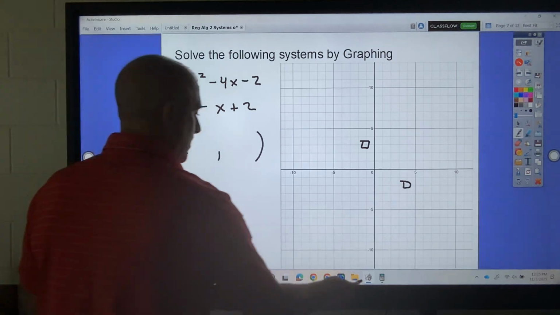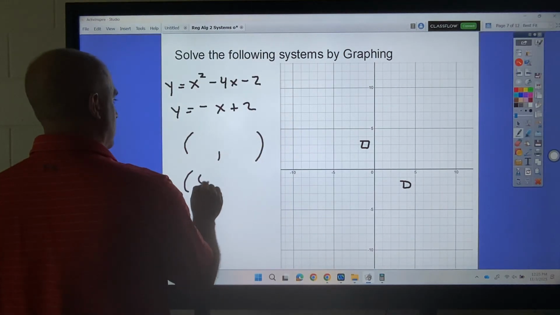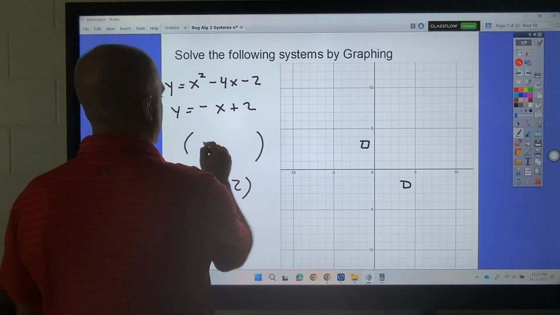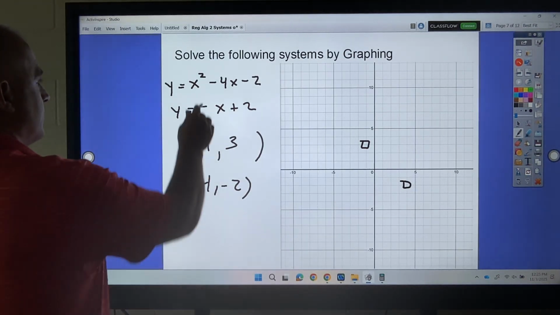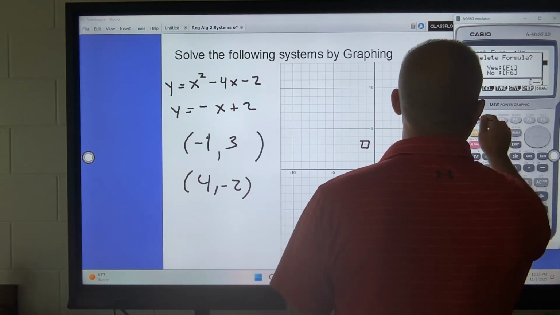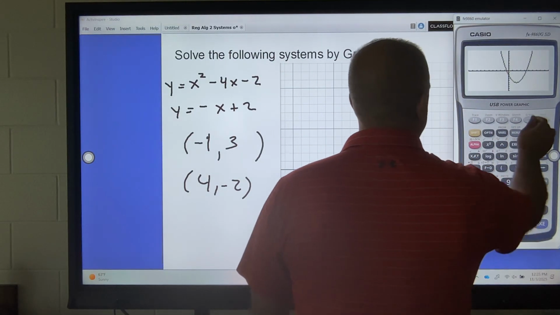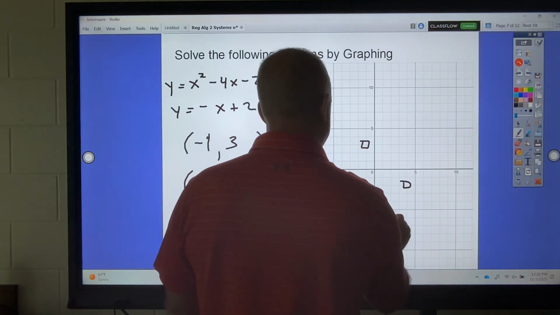Now I got to finish the graph. So 4, negative 2, negative 1, 3 up. I know that those points have to be in there. So let's take out just that line first, and I'm going to just draw this. G-solve minimum. I got 2, negative 6.